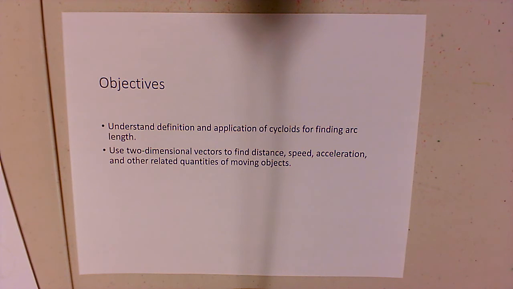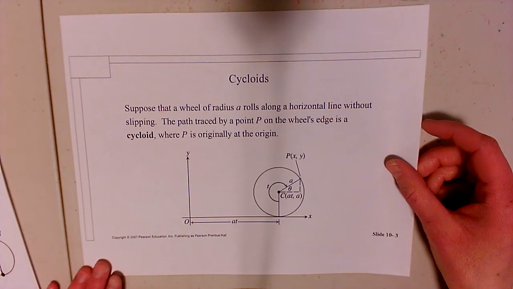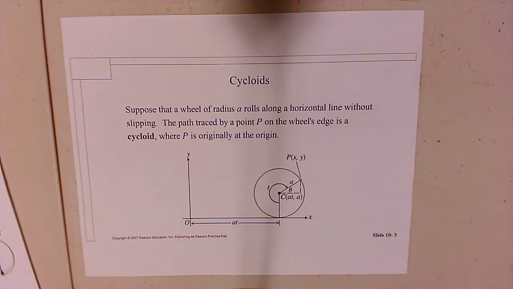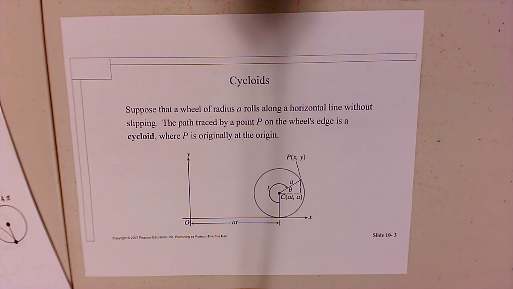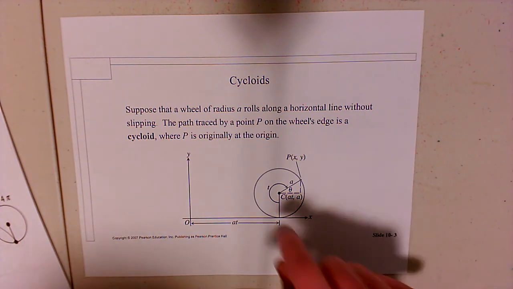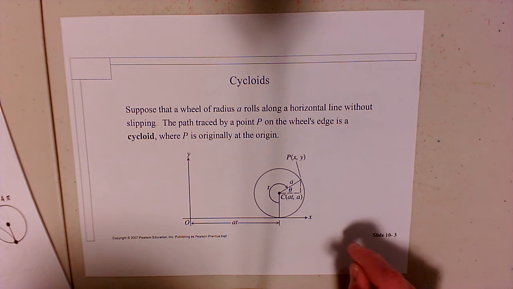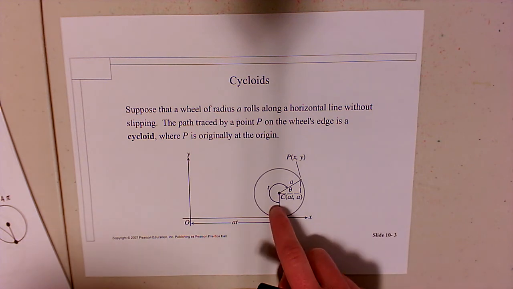And then we're going to use two-dimensional vectors to find distance, speed, acceleration, and some other related quantities of moving objects. So the first thing that we want to talk about is what is a cycloid. A cycloid is something that is moving along a path, and an example is a wheel.